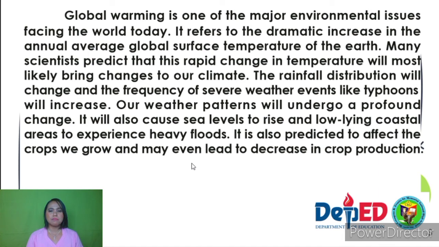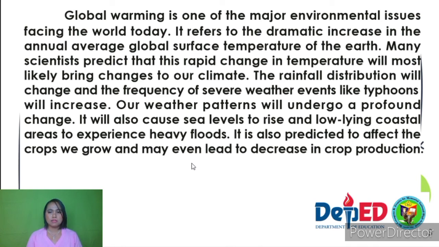Global warming is one of the major environmental issues facing the world today. It refers to the dramatic increase in the annual average global surface temperature of the Earth. Many scientists predict that this rapid change in temperature will most likely bring changes to our climate.